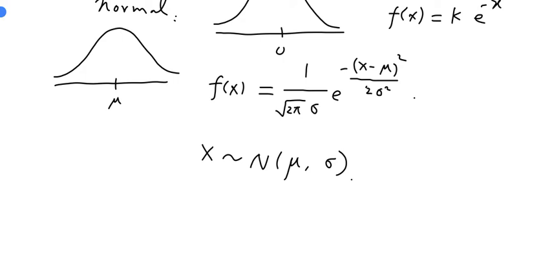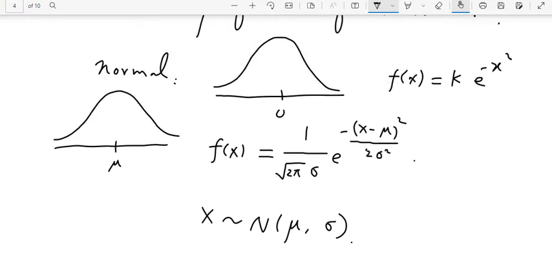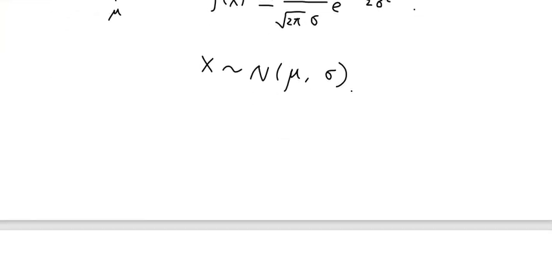Okay, so we find the density function. For the normal or the standard normal, we know the density function. So how about the chi-square density function? Or how about the density function for the t distribution or F distribution? In applied stats 1 or stats 2, we just check tables.